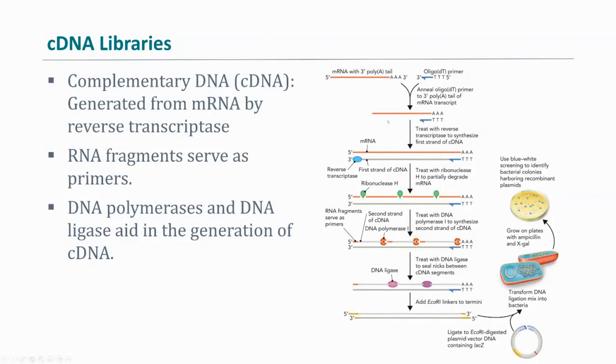So you collect the population of messenger RNA, and then use these messenger RNAs as a template to synthesize DNA. So you obtain the first strand of cDNA, which is complementary DNA. And then you use ribonuclease H to degrade the messenger RNA and form the second strand of cDNA, which gives you the double-stranded DNA. And then you can use it to clone.